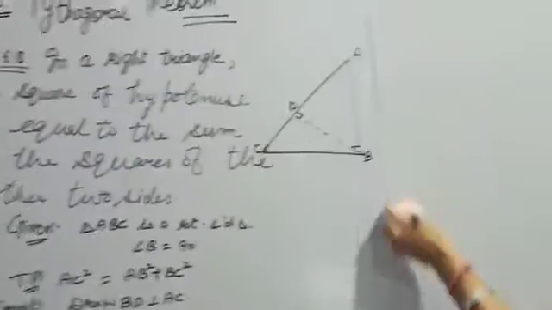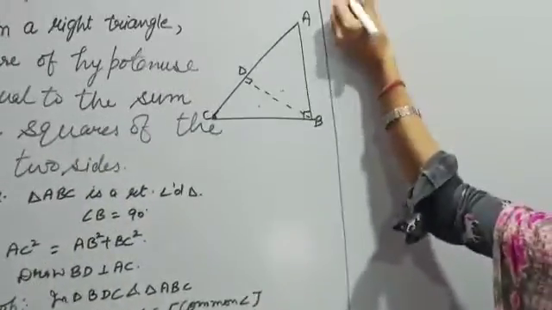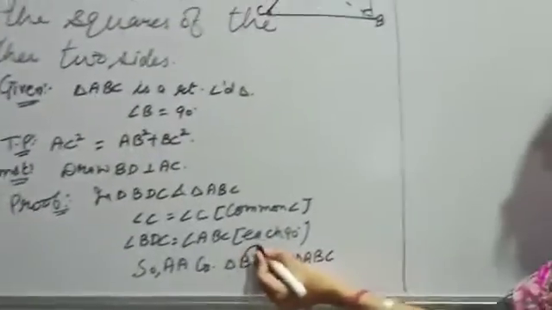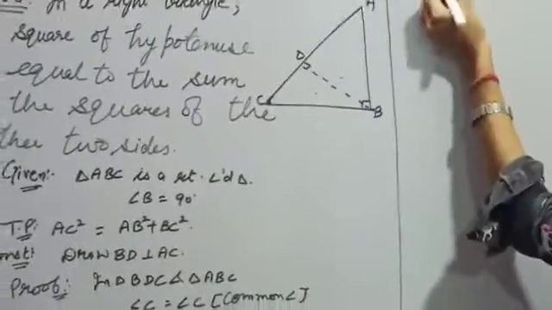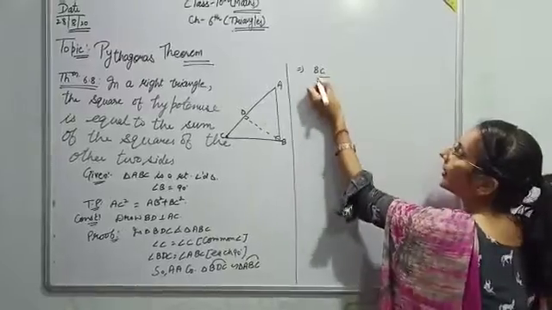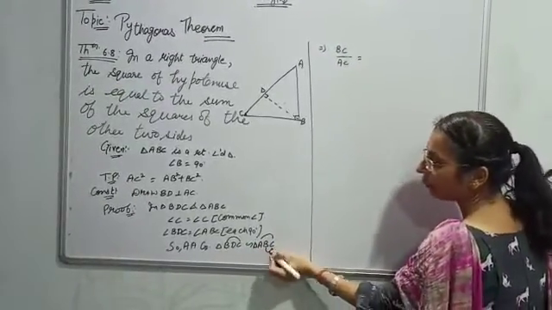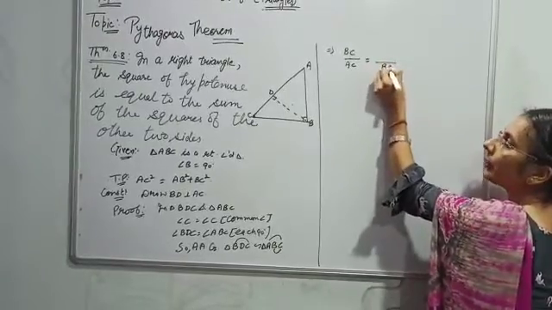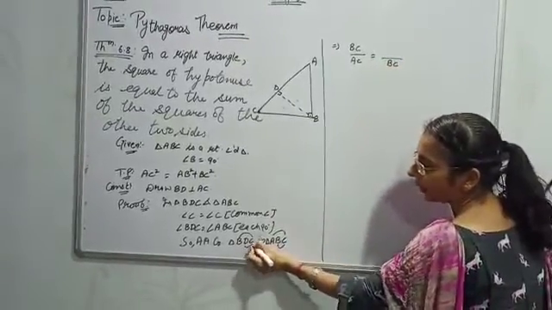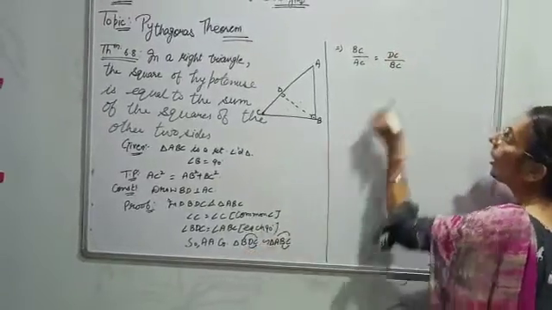Now, since these two triangles are similar, we can write the ratio of sides: BC on this side, and on the other side of this triangle it will be AC. So BC upon AC is equal to, taking BC in the denominator on this side, DC in the numerator on the other side.